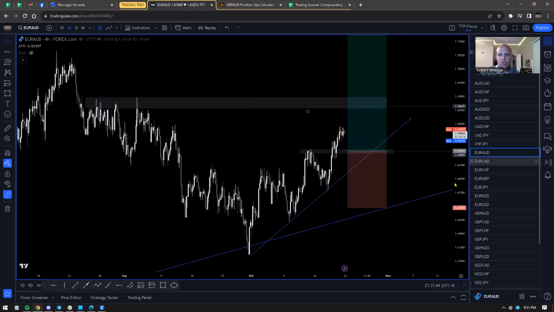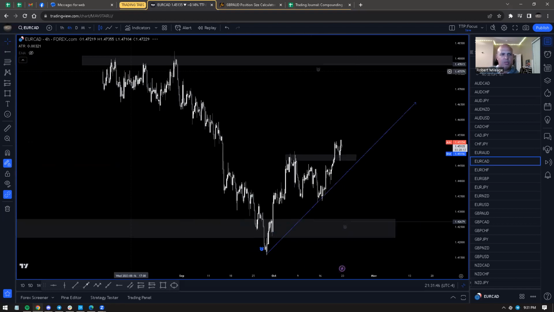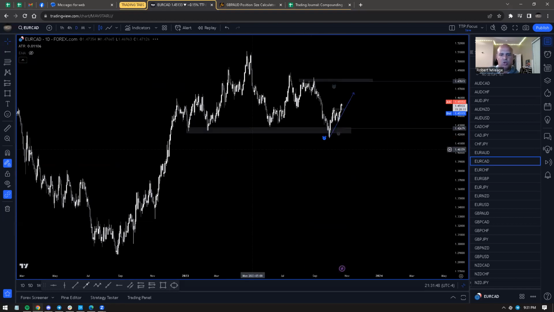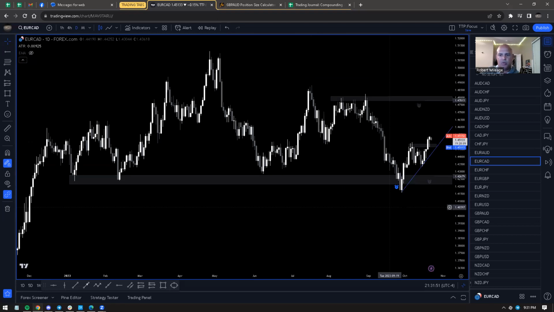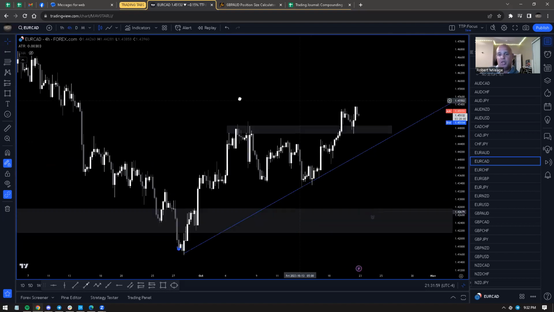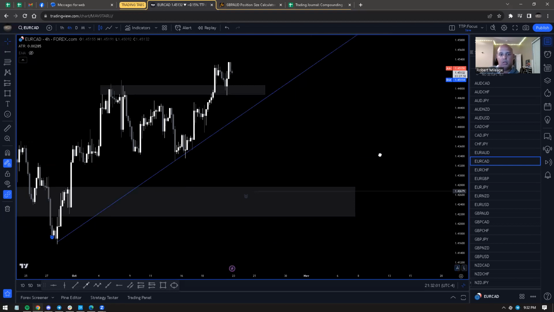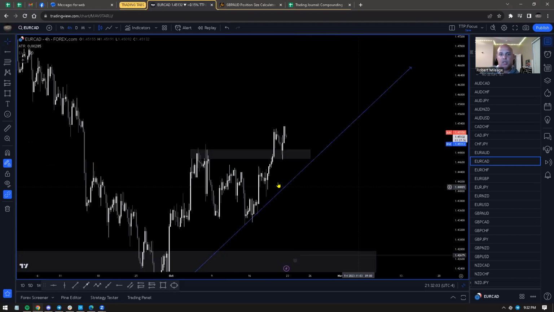So EuroCAD, same setup here. I think we are going sideways, though. We have been going sideways for quite some time, but we've started to make some uptrend structure here. So if we can get into a trade on the lower time frame, we can hopefully get it.